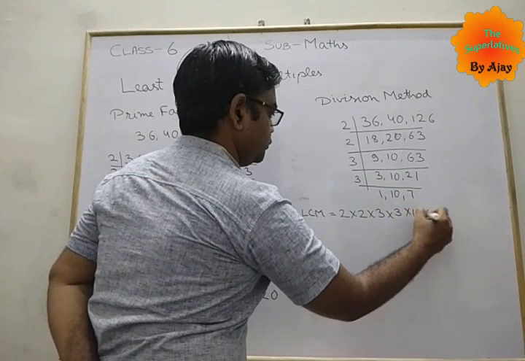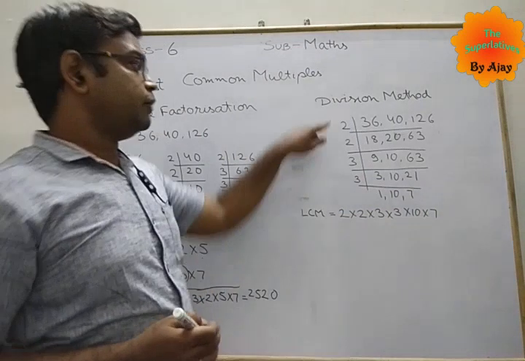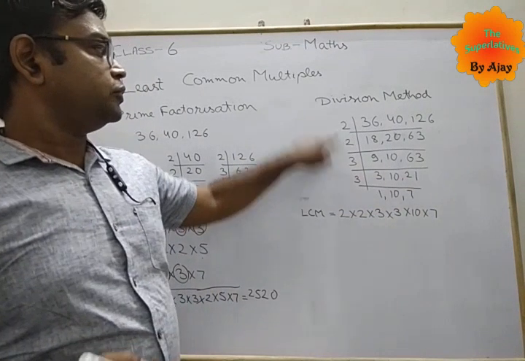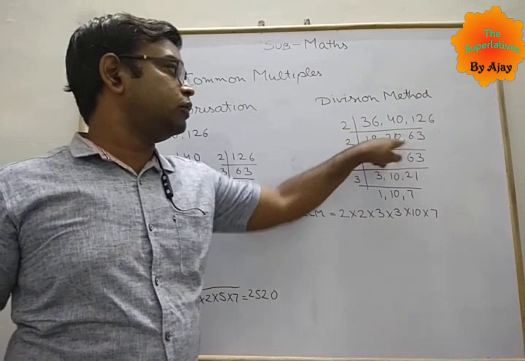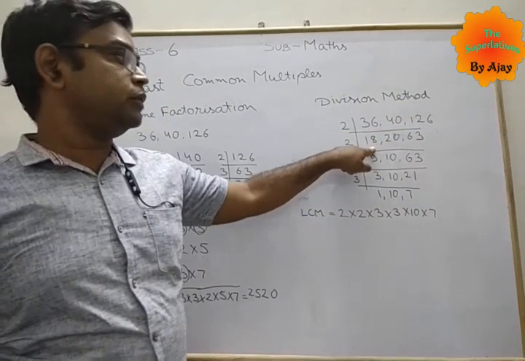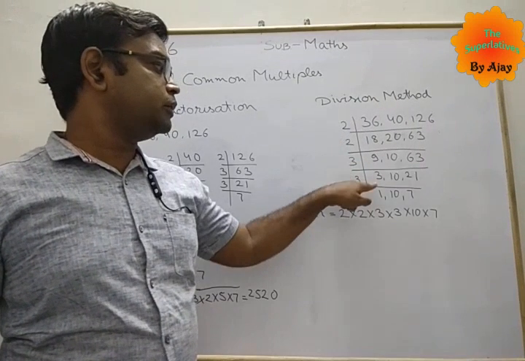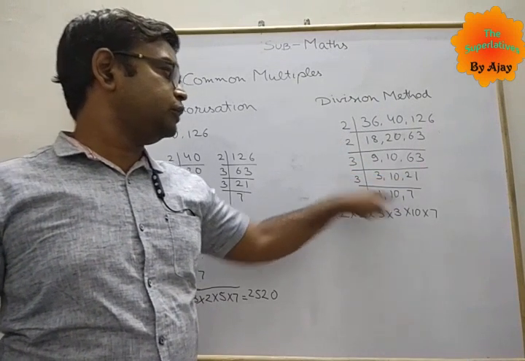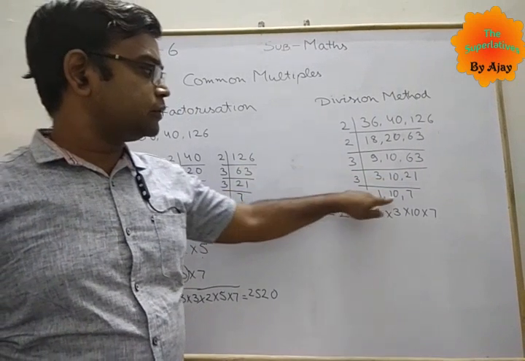In this case 2 is common, so we must write it. Then 3 is common, so we use 3. Then we multiply each factor, not the prime, each factor. Then we have the same number, 2520.